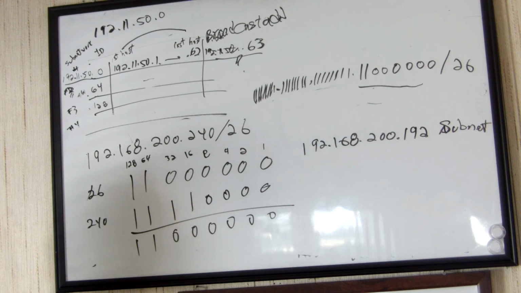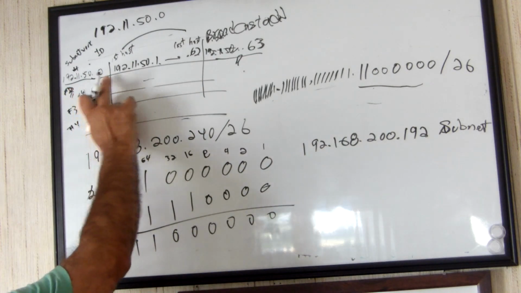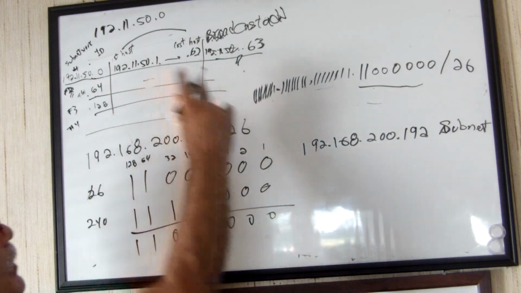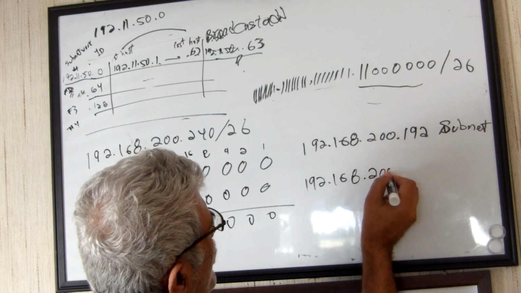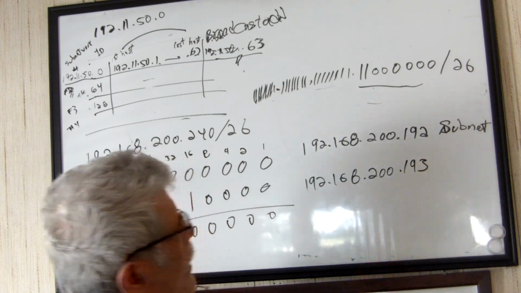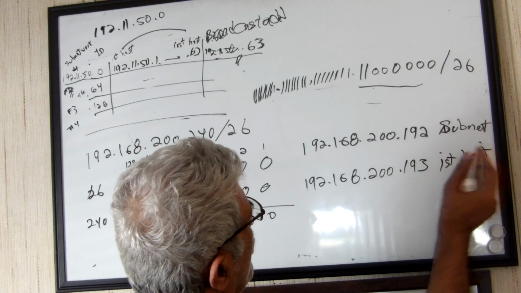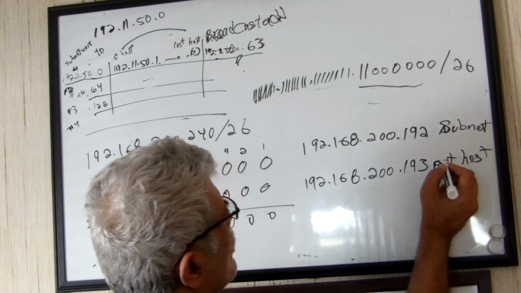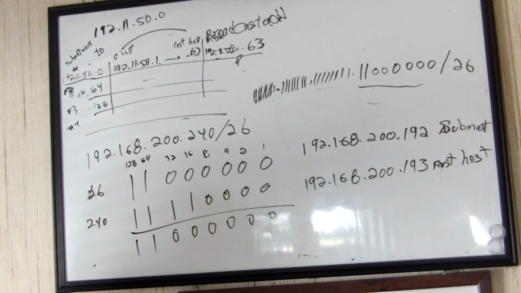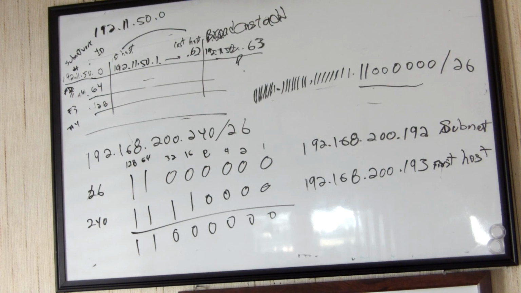So actually you find the subnet ID, and then the first number, 192.168.200.193 is going to be the first host. The first host. Okay? First host on this.